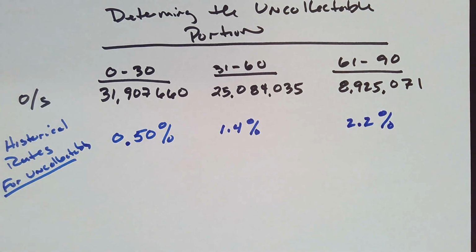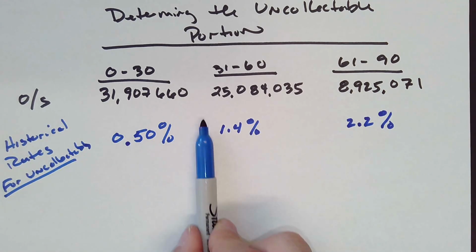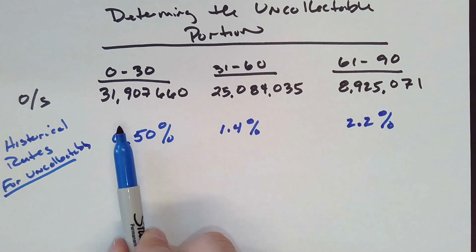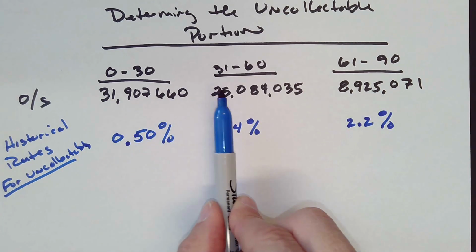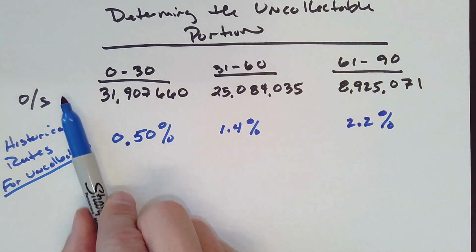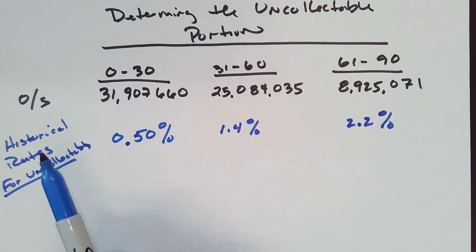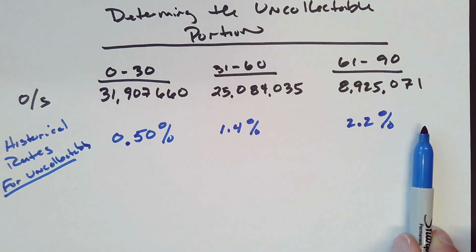Based on my historical understanding, I should have some kind of reserve against this total amount, this total 65,000,009, anticipating future potential write-offs.